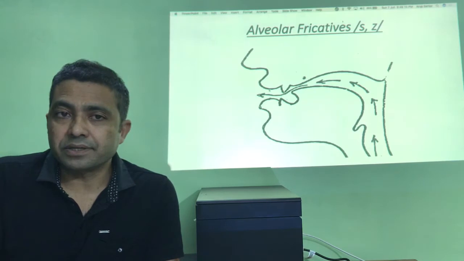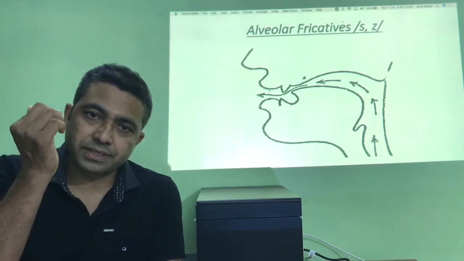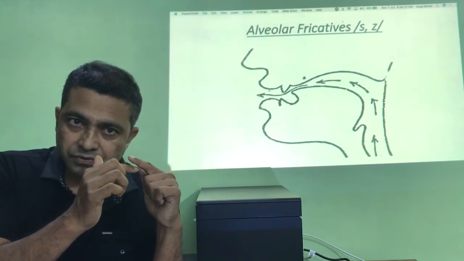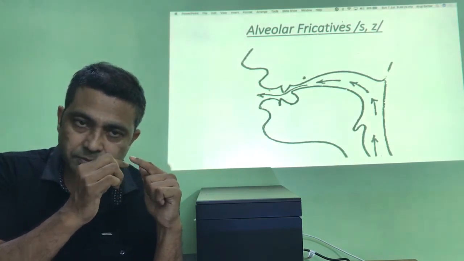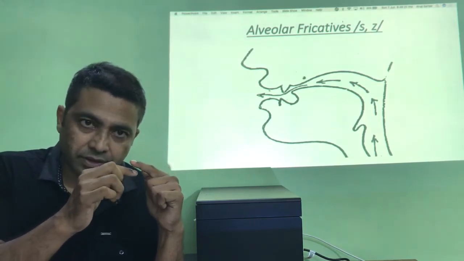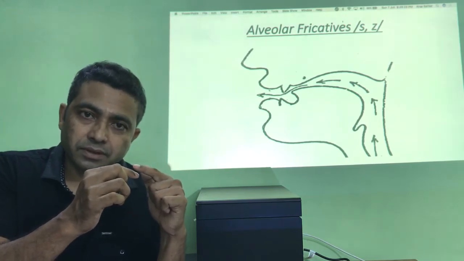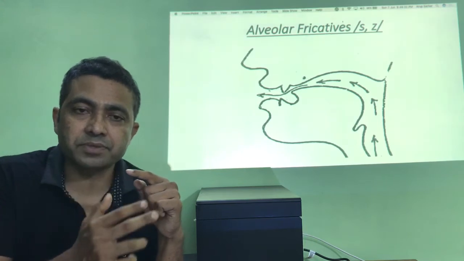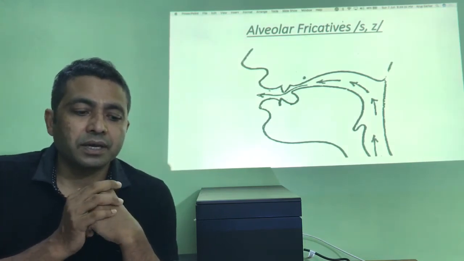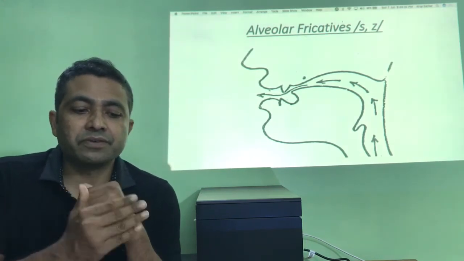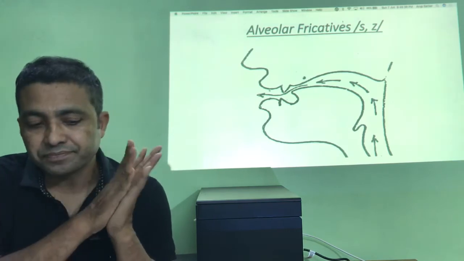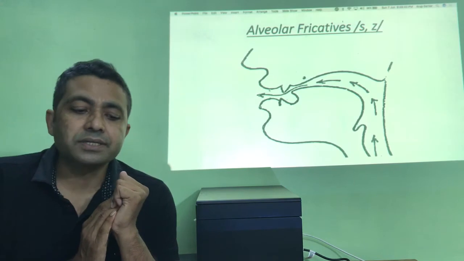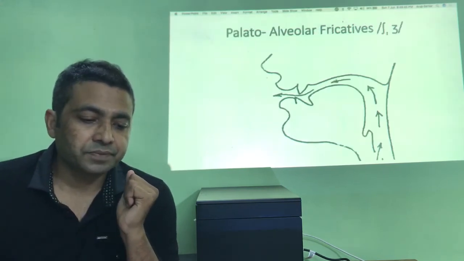And fricative, because the passage is left, though narrow, between the front and tip of the tongue and the alveolar ridge. The passage is there, but it is very narrow. Hence, when the air comes out, there is a friction sound, and so it is called fricative. So, alveolar fricatives, sa and za. Sa is voiceless and za is voiced.